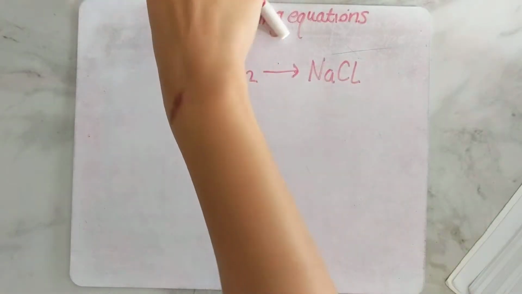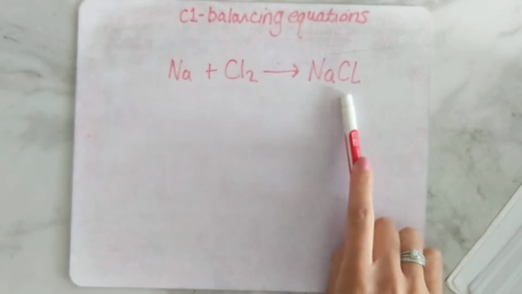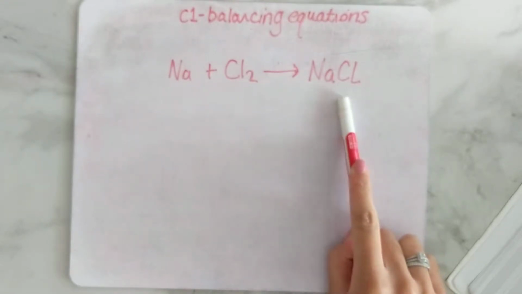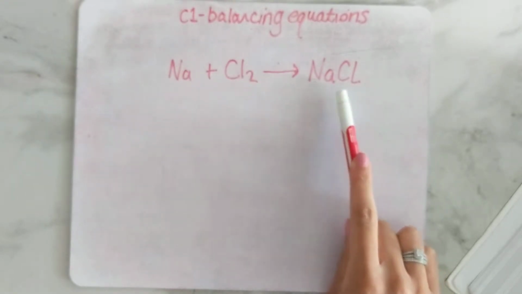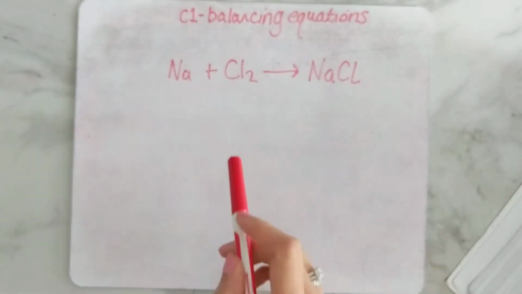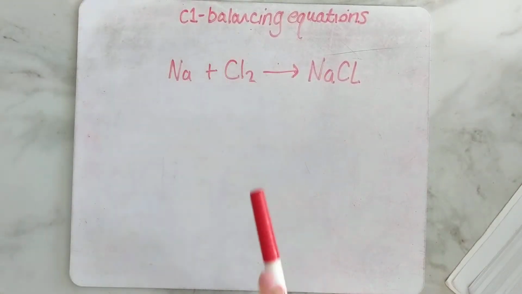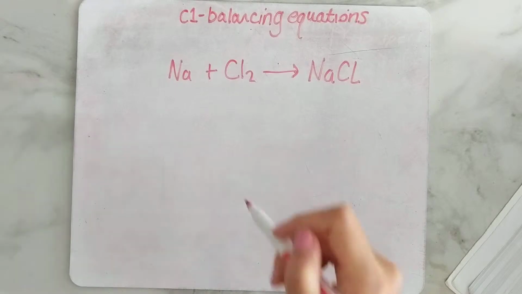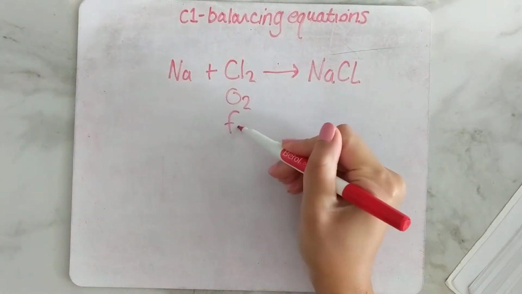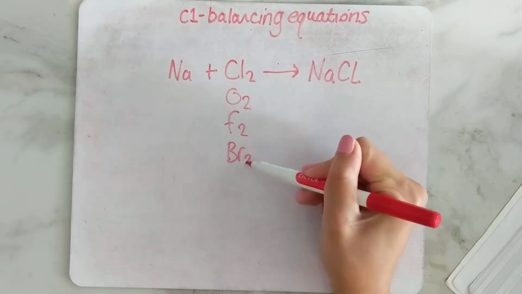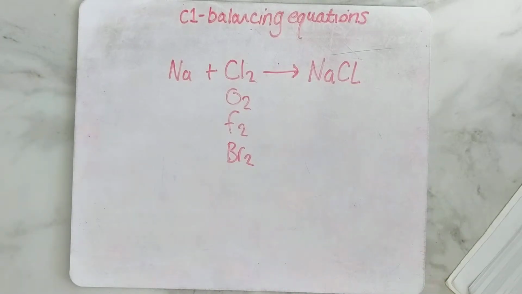So here, chlorine doesn't have a little 2 at the end because it's actually attached to sodium, so that's fine. But when it is on its own like this, it exists as a diatomic molecule. So that's just something to bear in mind when you're writing symbol equations. And it's the same thing for O2, F2, Br2. They all exist as diatomic molecules.